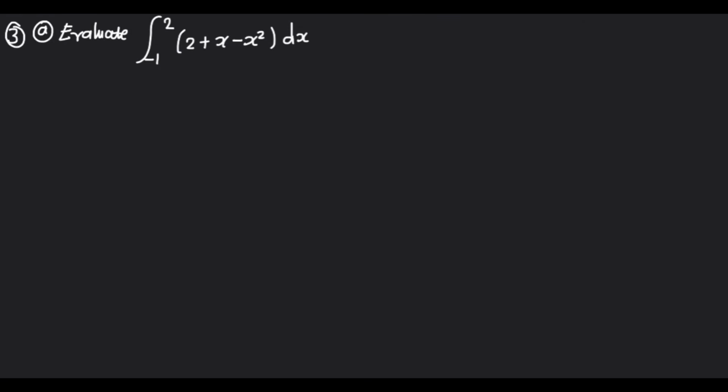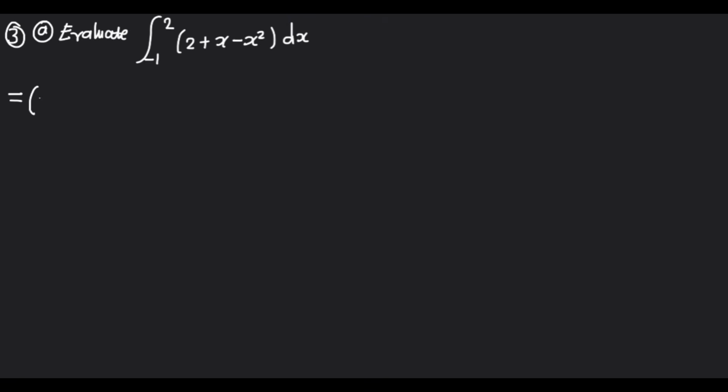Here we have the integral part of calculus. So we are going to integrate this problem. So let's look at how we integrate. So let's look at the problem. So what we are going to do is we have some terms like 2. 2 is a constant, so you need to add x to it.